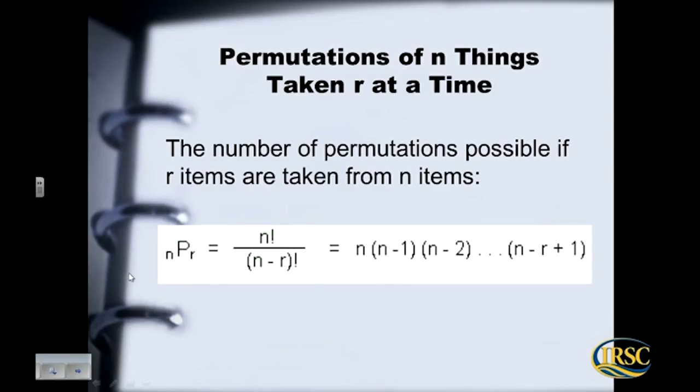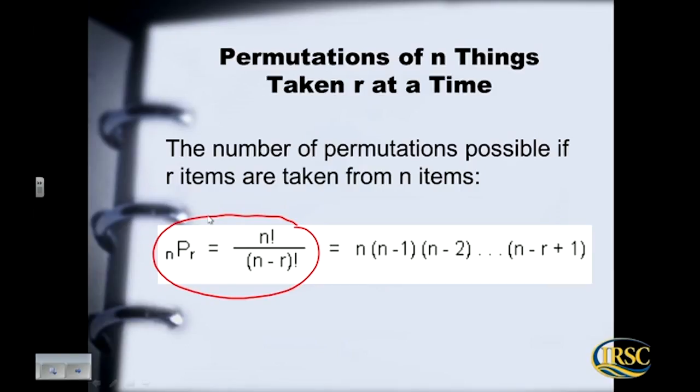Now, I don't want you to focus on this long thing on the right. This is the actual formula right here. So capital P with a number in front and a number in the back. The first number is the total number of items that you have in your group. The second number is how many you're taking at a time.